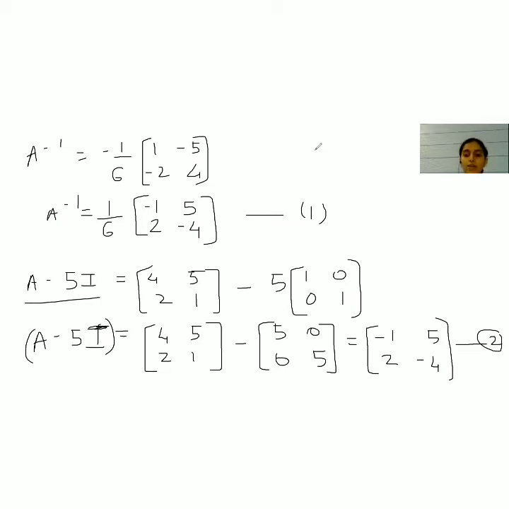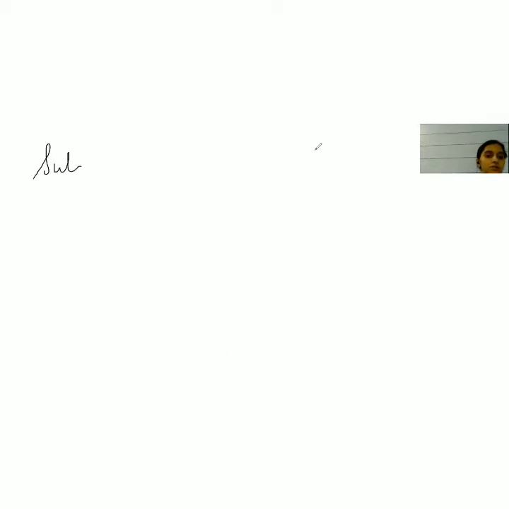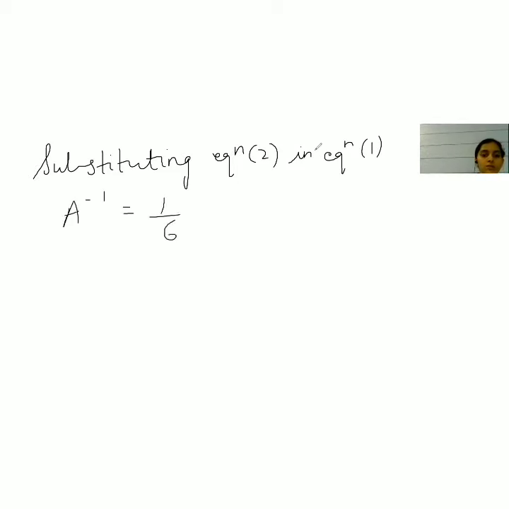So substituting equation 2 in equation 1, we get A inverse is equal to 1 upon 6 of A minus 5I, and then you can write hence proved. This is what we had to prove.